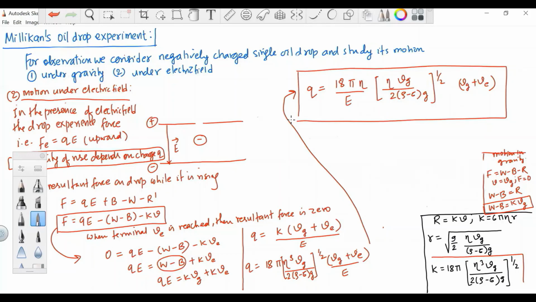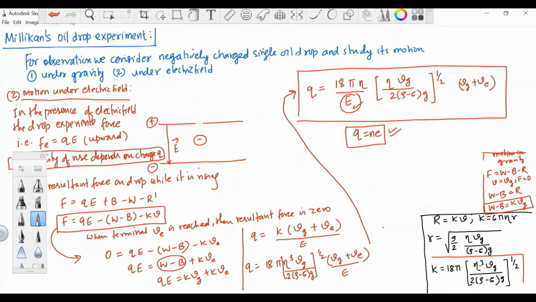for the charge on an oil drop. Using different values of electric field or potential difference for various drops of different size, it was found that the charge on an oil drop is practically a whole number multiple, that is Q equals Ne.